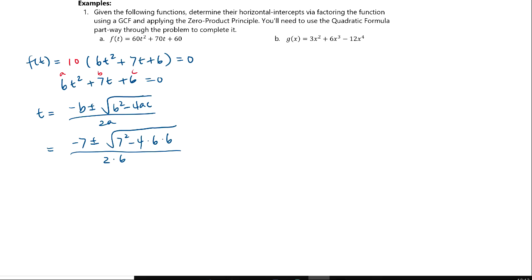And now if we want to simplify this, we want to work with the radical part first. So I'm not even going to worry too much about the other parts. In the radical, we have square root of 49 minus 4 times 6 times 6. If you calculate it, 24 times 6 will be 144, I believe. And as we do so, it's all over 12. But what we want to notice is under the radical, we will have a negative number.